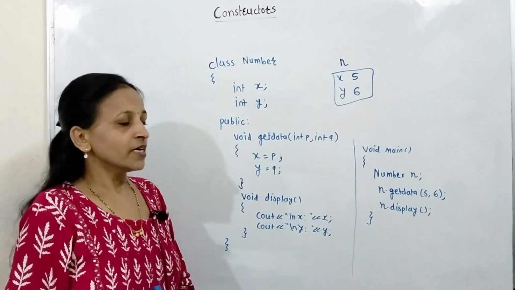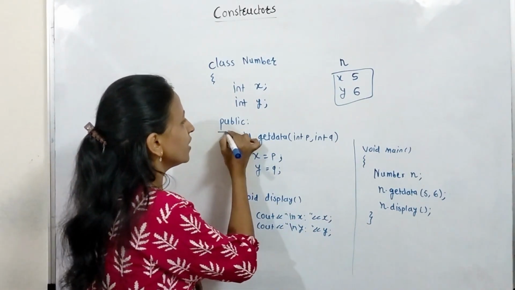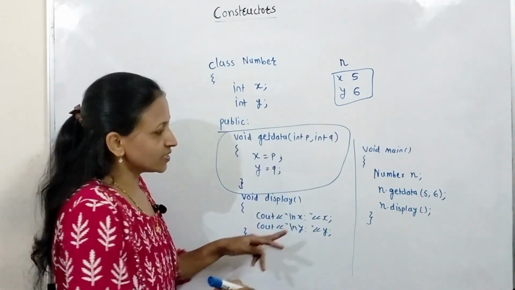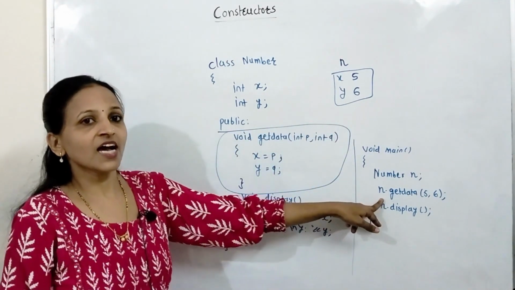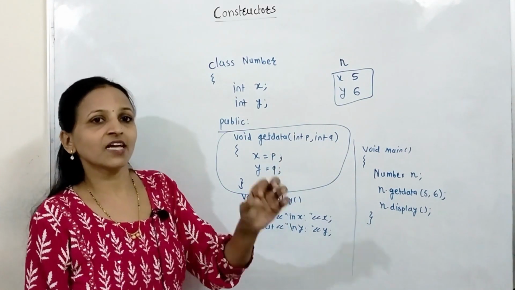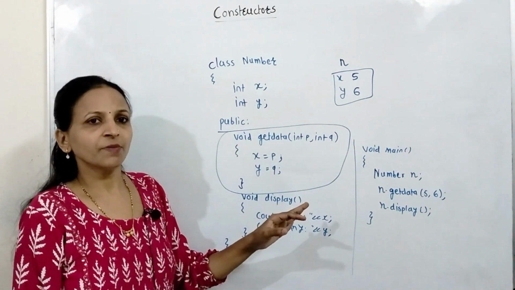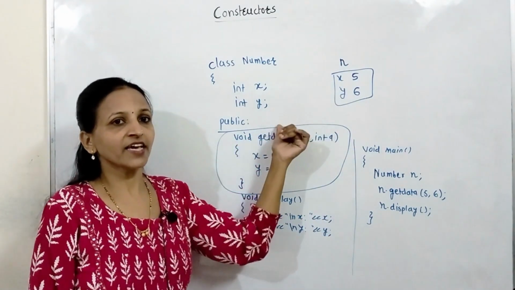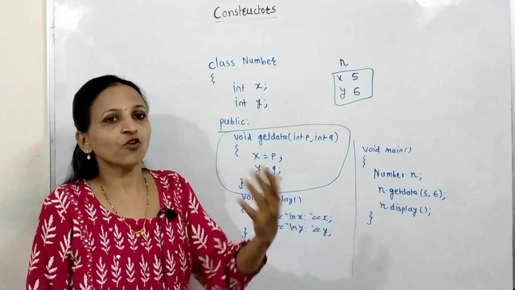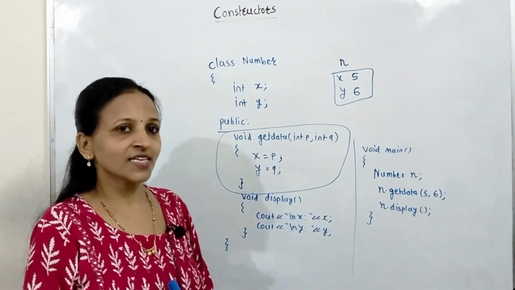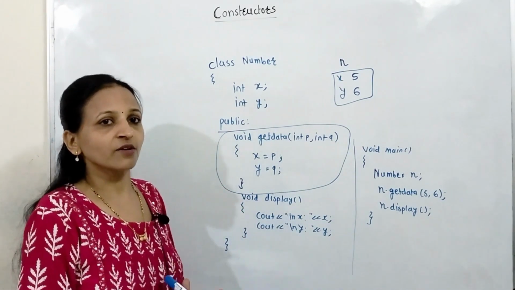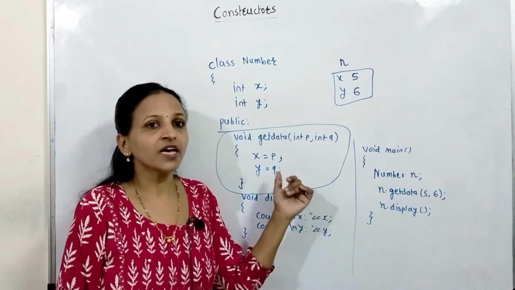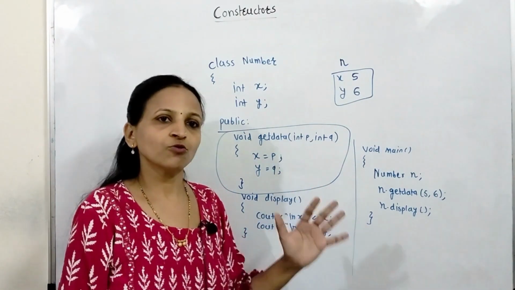That's it. Here we have to compulsorily call this member function to assign initial values to the data members of this class. Suppose we are creating an object, and that object will internally have these data members, and if you want to assign initial values to those data members, then we have to write a member function and call it.